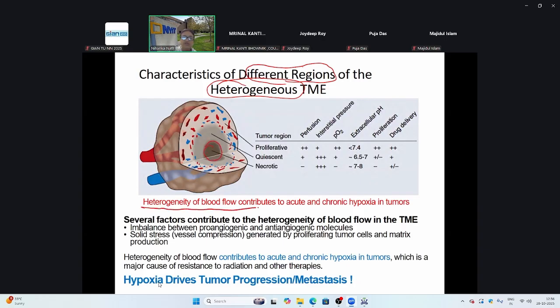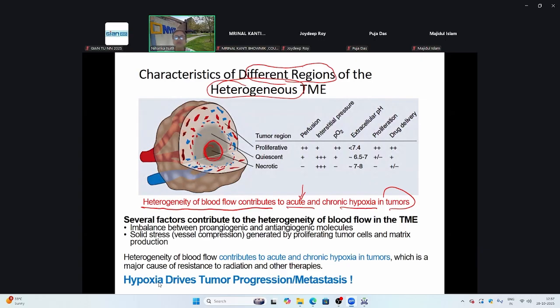So the heterogeneity of the blood flow contributes to acute and chronic hypoxia in tumors. We just said that tumors have hypoxia. It could be acute, and where would it be acute? It would be acute in the center.